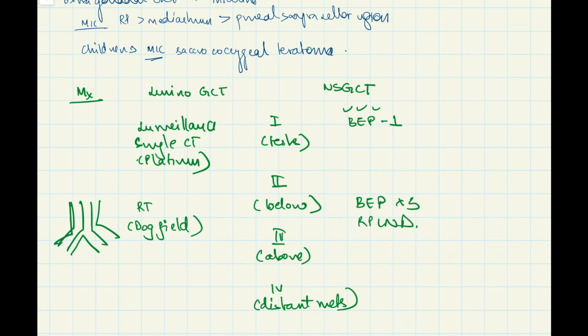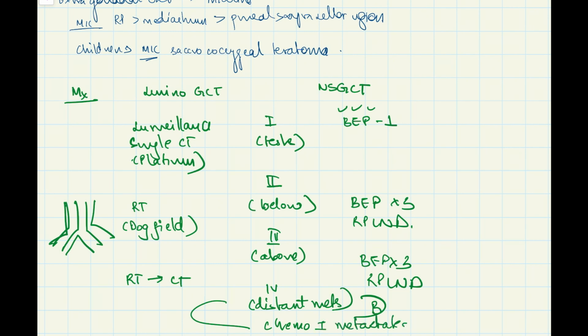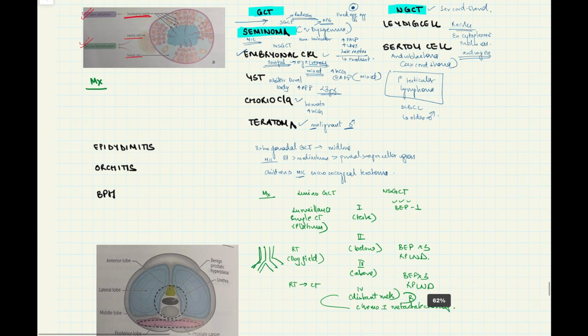For stage 3, radiotherapy followed by chemotherapy, and here again BEP for 3 cycles along with retroperitoneal lymph node dissection, while in stage 4 both are same, that is chemotherapy with or without metastatectomy. Right.